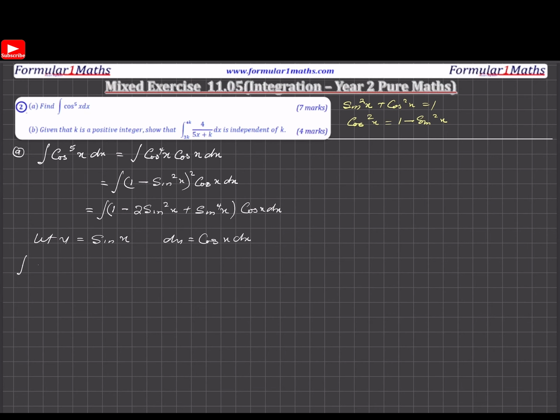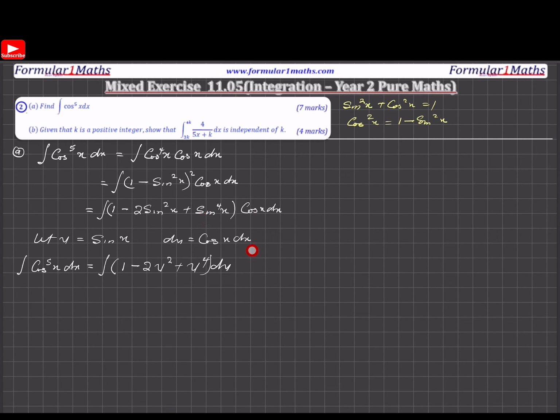The integral of cos x to the power 5 dx is equal to the integral of 1 minus 2u squared plus u to the power 4 du, because the cos x dx is replaced by du, as we've seen here, because du equals cos x dx. And this is 1 over here, 2u squared, and u to the power 4.